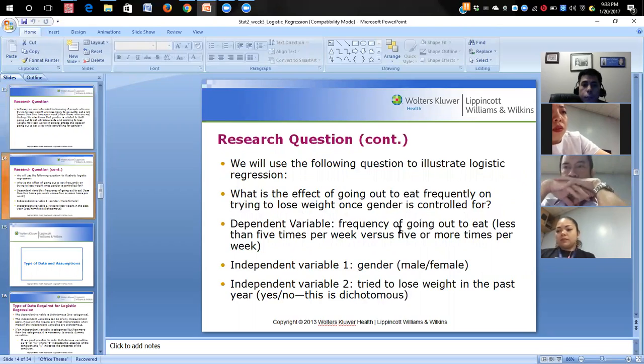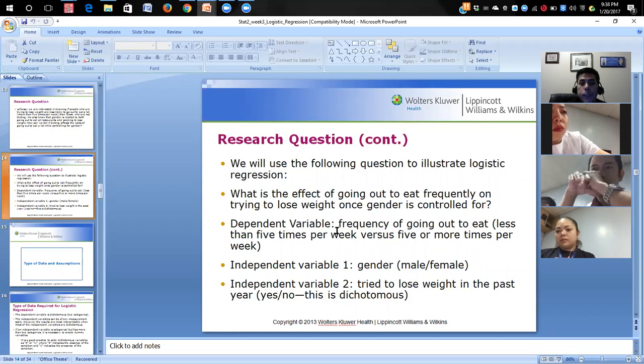So right here, the question in a logistic regression is: what is the effect of going out frequently on trying to lose weight once gender is controlled for?